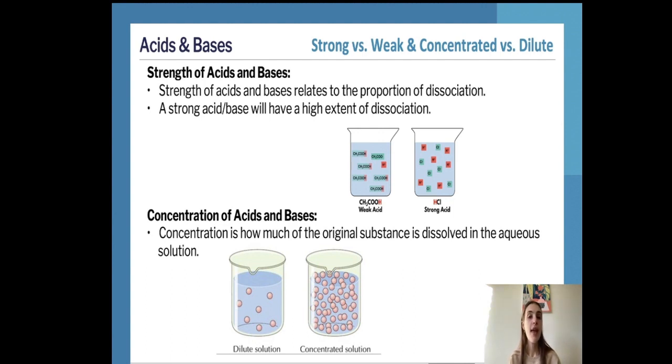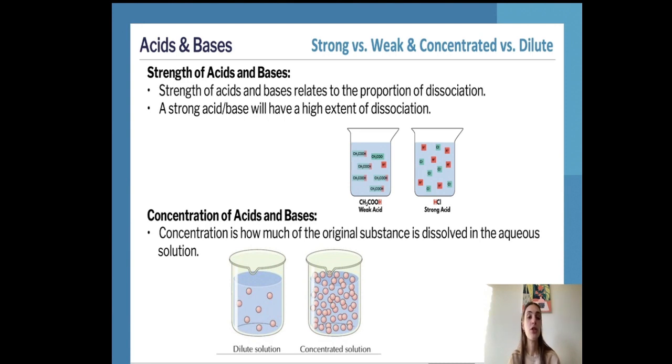Whereas if we compare that with something like ethanoic acid, which is a very weak acid, we can see in this diagram here, we have a very limited extent of dissociation. So most of the ethanoic acid molecules will remain as the original ethanoic acid molecules in solution, and very few will split into the CH3COO- ion and the H+ ion.